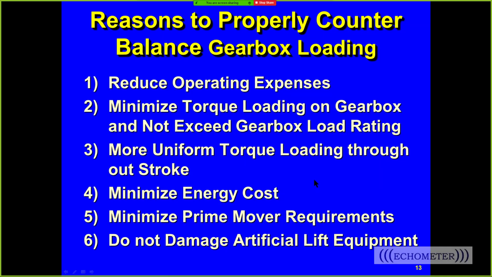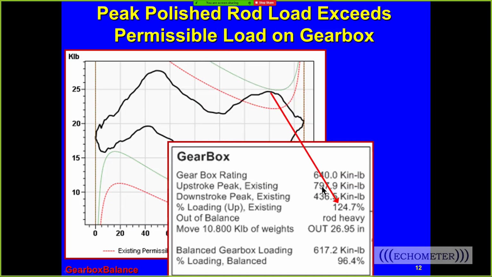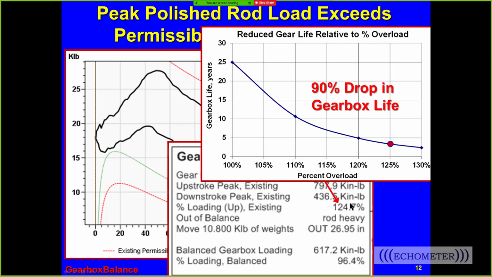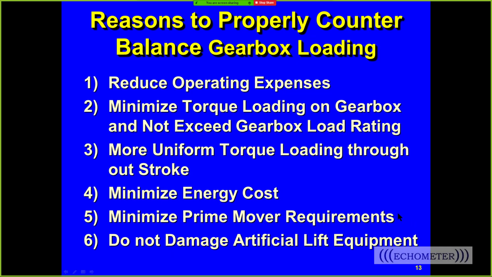Let's go backwards. It's 797,000 inch-pounds, and it's rated for 640. So it's quite a bit of overload, and quite a bit out of balance. But that's causing a huge 90% drop in gearbox life because of that overload.